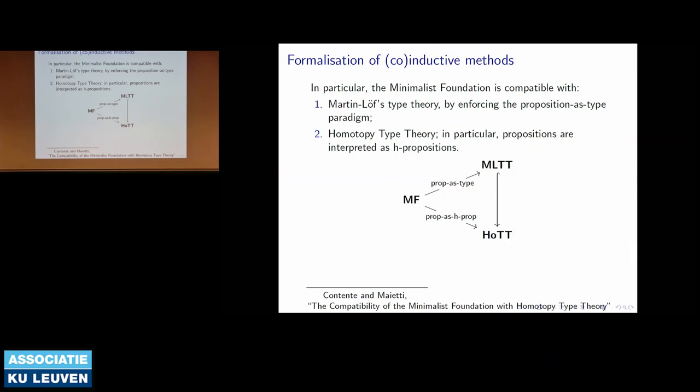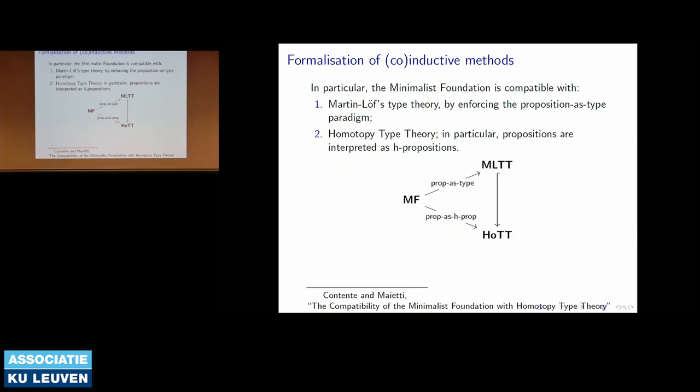But since the minimalist foundation is also compatible with Martin-Löf type theory by collapsing the notion of proposition and generic type, we can also make a detour through Martin-Löf. And then, since we know that homotopy type theory is just an extension of Martin-Löf, go back here.